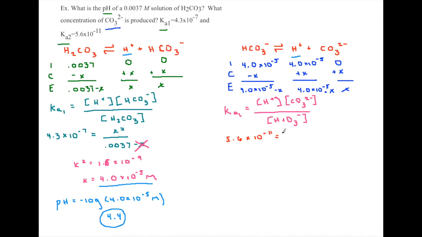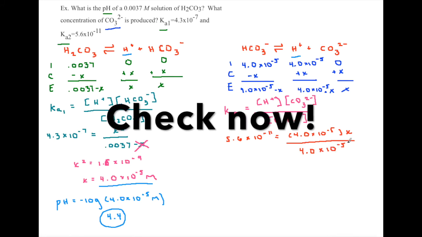I'll need to check that at the very end, but instead of writing 4.0 times 10 to the negative 5th plus X, I'm just going to write 4.0 times 10 to the negative 5th. And I'm going to multiply that by the concentration of carbonate, which is just X, and put that over the concentration of my acid, 4.0 times 10 to the negative 5th. Again, I'm not going to include the minus X, and I'll just check the validity of that at the very end.